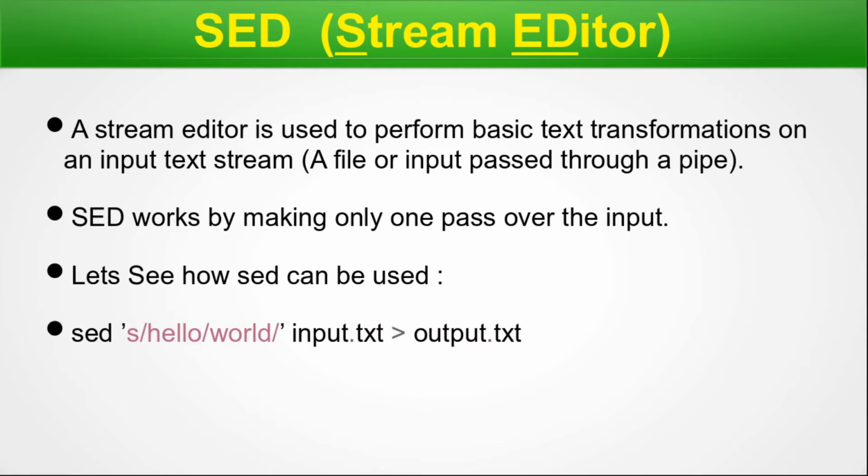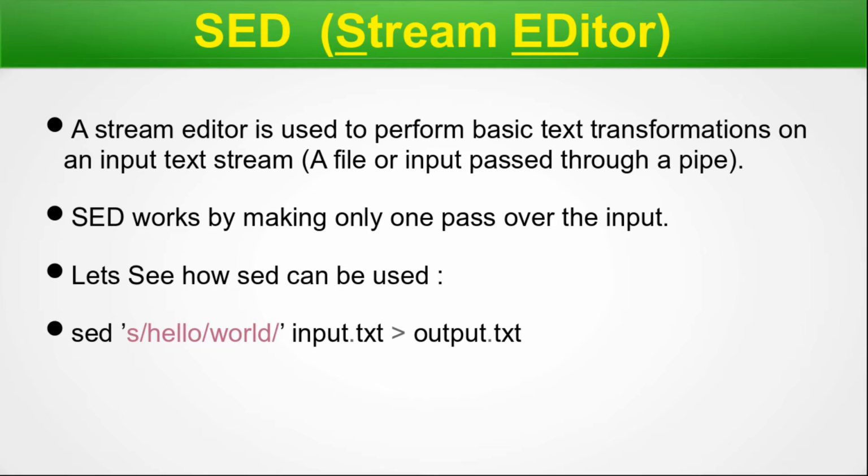Sed, we start and then within single quotes we write s, then hello, then world, okay, then the input text, then redirect to the output text file. Here this is the first thing. So we write s for substitution, and then hello is the word which we want to substitute with the word world, okay.